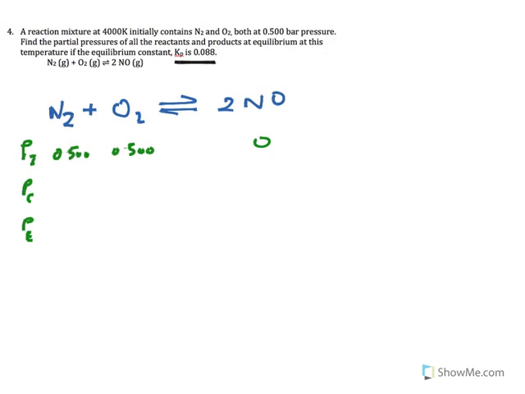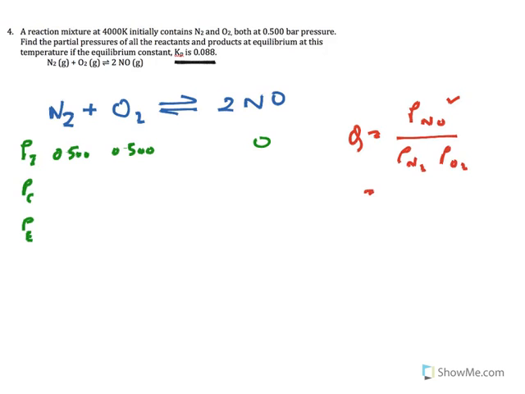So now that we have our initial conditions, we can figure out our reaction quotient. So we have Q equal to partial pressure of NO squared over partial pressure of N2 and partial pressure of O2.